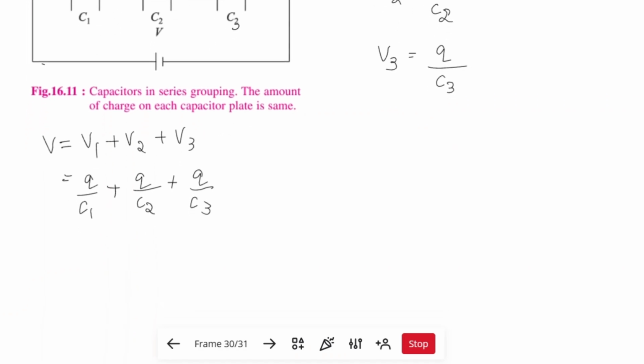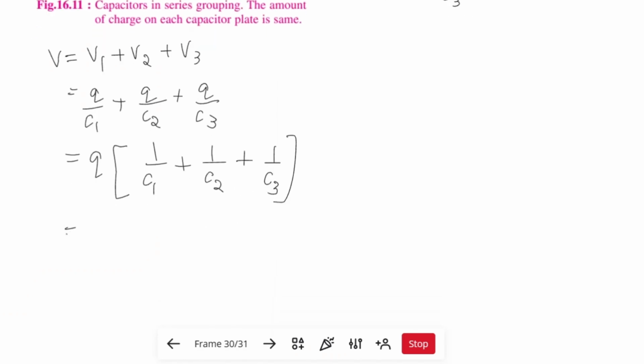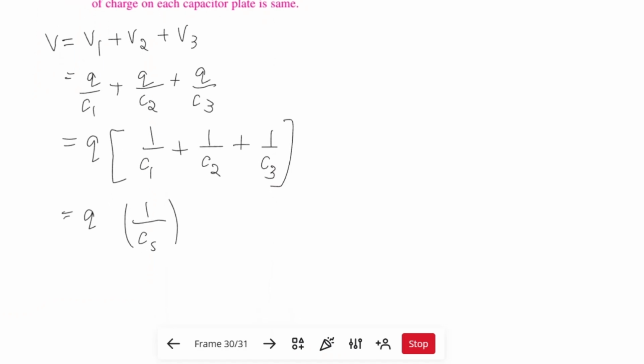If Cs is the equivalent capacitance in series, then we take Q common. And if we write this as V equals Q by Cs, we find that the reciprocal of the equivalent capacitance of the series is equal to the sum of the reciprocals of the individual capacitances.